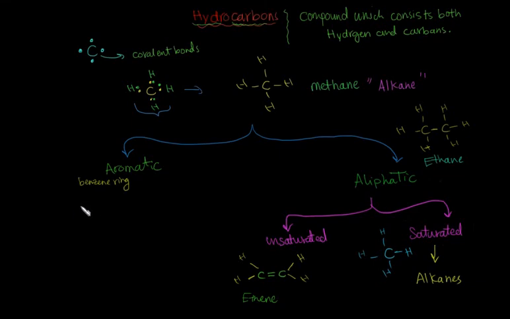If we have a shape of the benzene ring, it will look like this. It has 6 carbons like this, and a circle inside it.